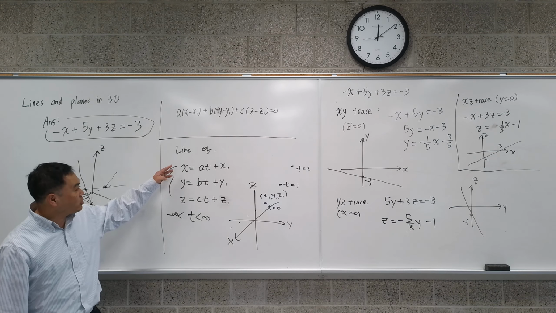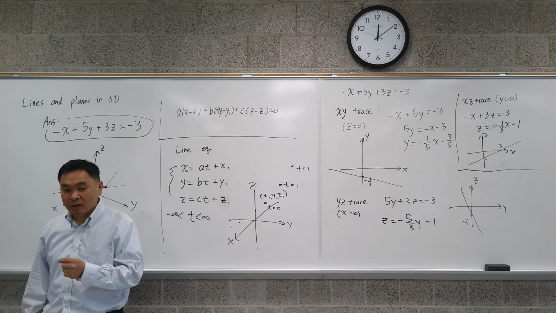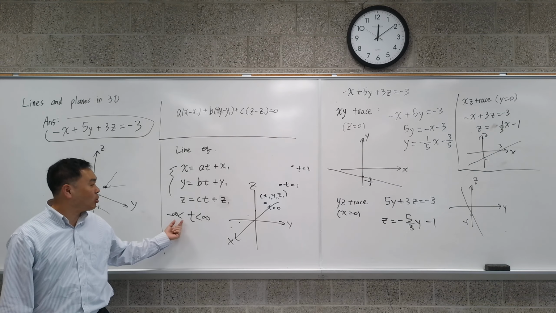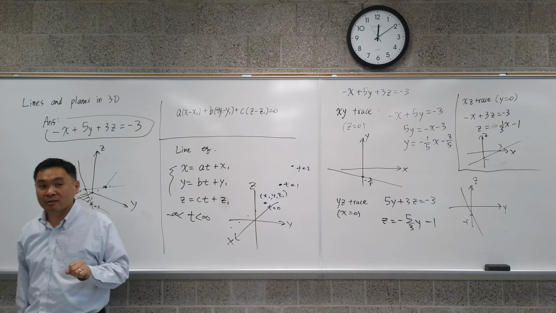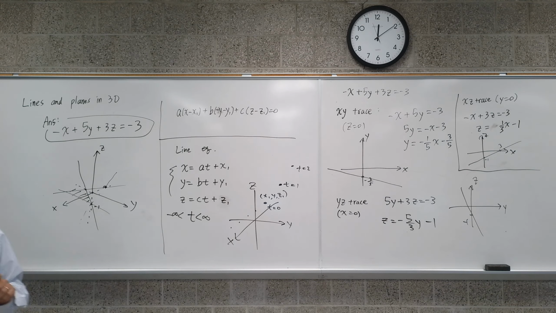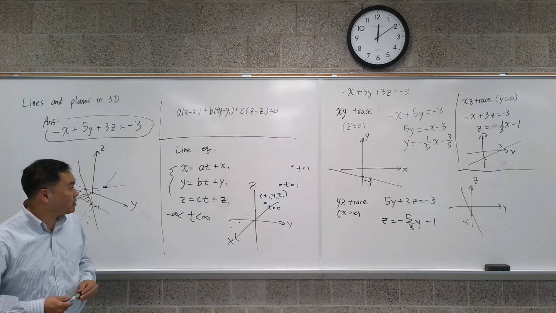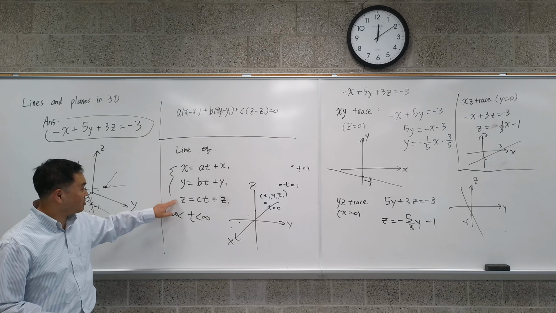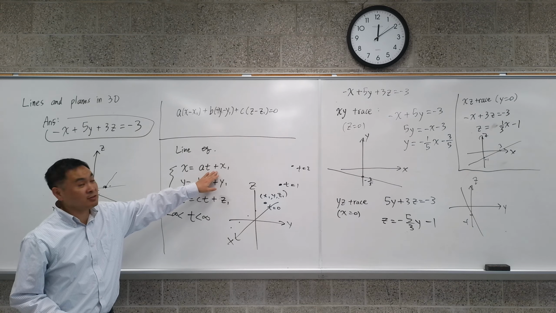So what you're seeing should be thought of as a trajectory of a moving point. If you plot all the points for all the values of t, I claim that this is a line. So now I have to argue why that's a line. The easiest way to see it is to just differentiate these with respect to t. So what do you get if you differentiate this by t?